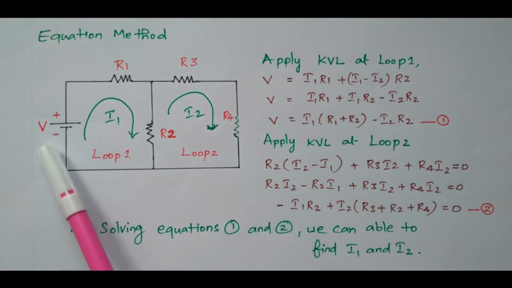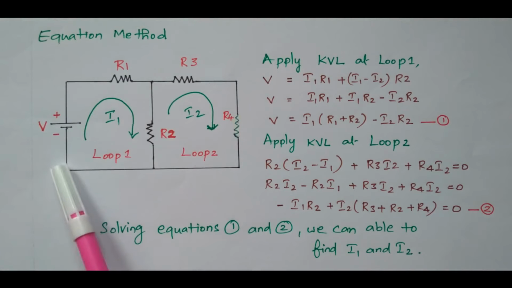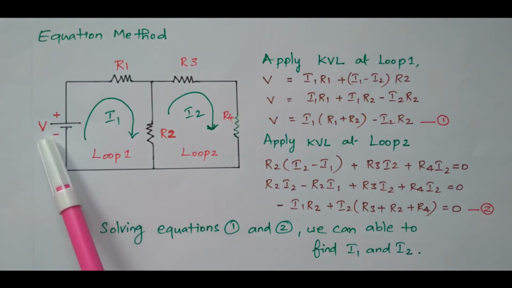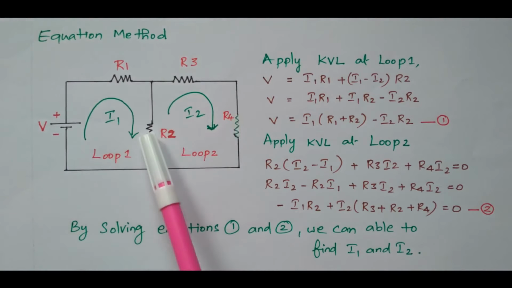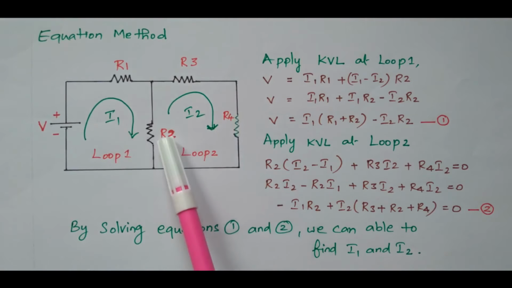So the supply voltage is available and 4 resistors are connected. Based on the diagram, one closed loop is loop 1, the first loop, containing the voltage source, R1 and R2. Another loop containing R2, R3 and R4 is called loop 2.